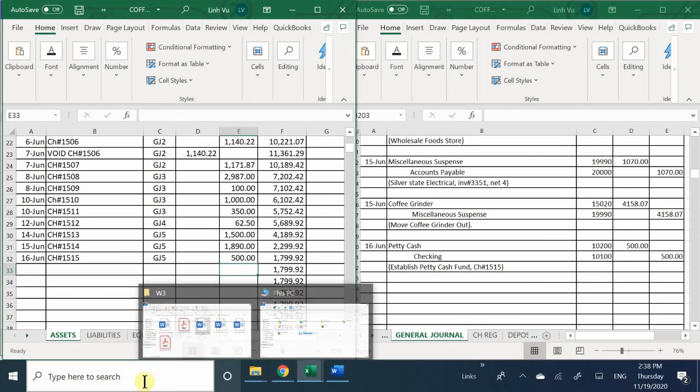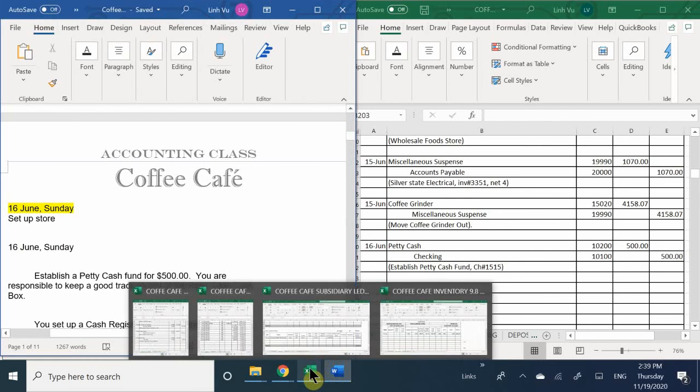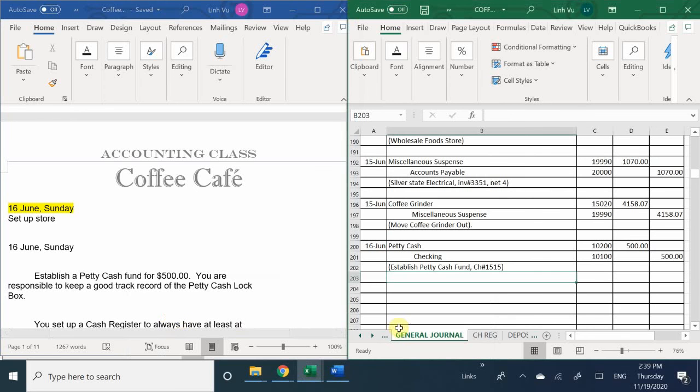Good. And that is it for those as well. This is an internal transaction because you're not dealing with anybody.